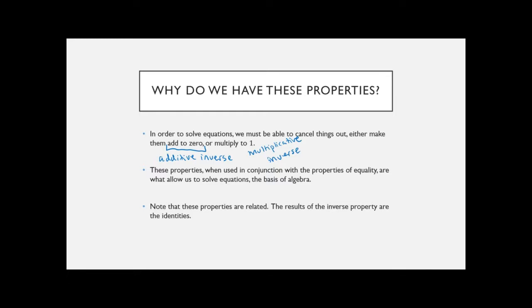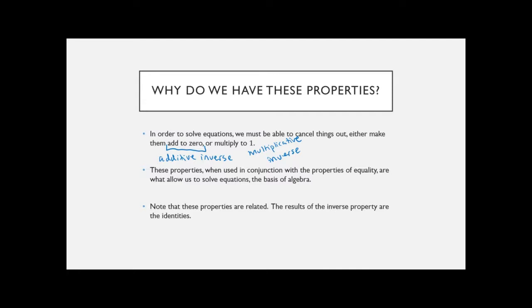We use the multiplicative identity a lot when we're trying to get common denominators in order to add things together so that we can then solve. The additive identity is used sometimes when you're combining like terms and end up adding a 0, so you're just adding 0 to something. So these other ones do get used, but we mostly use the additive inverse and the multiplicative inverse.